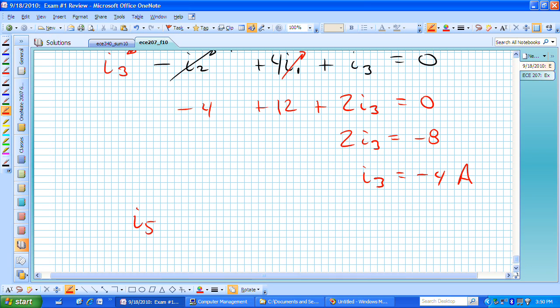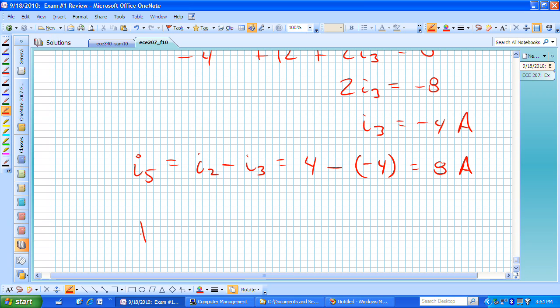The current then that we had defined as I sub 5, which was I sub 2 minus I sub 3, is now I sub 2, which was 4, minus I sub 3, which is minus 4, or this current coming down from top to bottom through R sub 5 is actually going to be 8 amps.